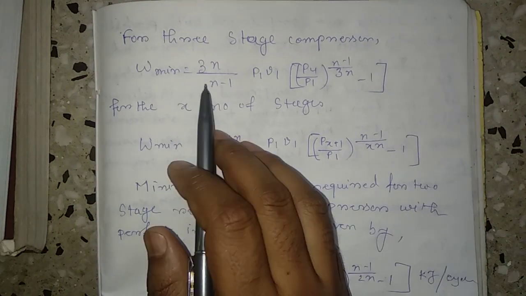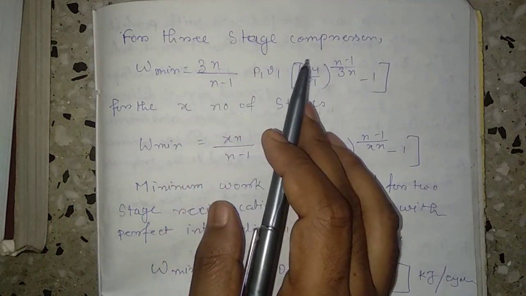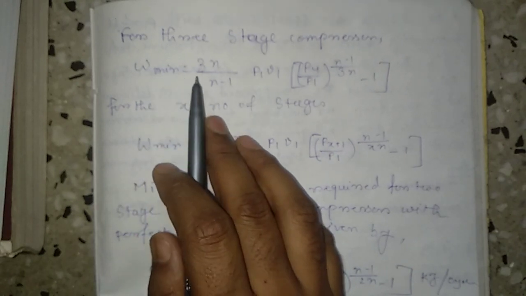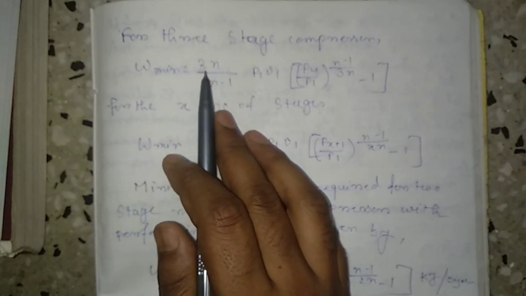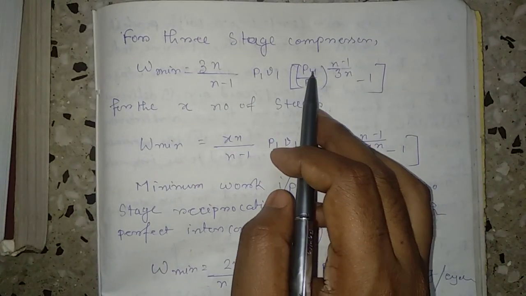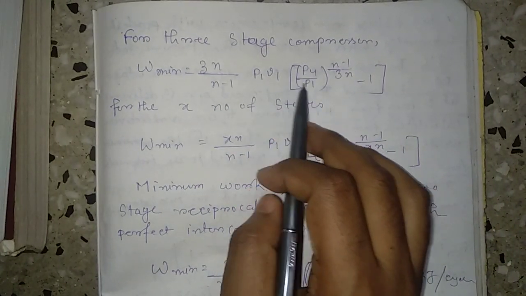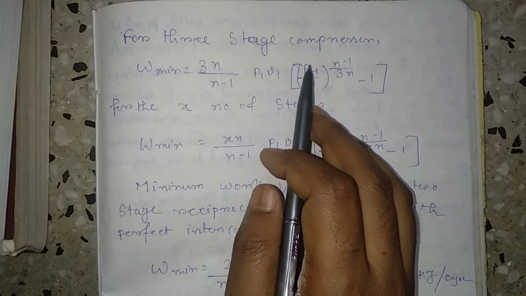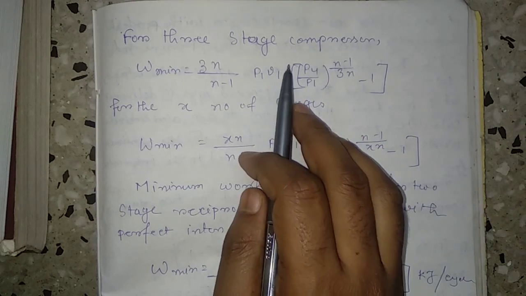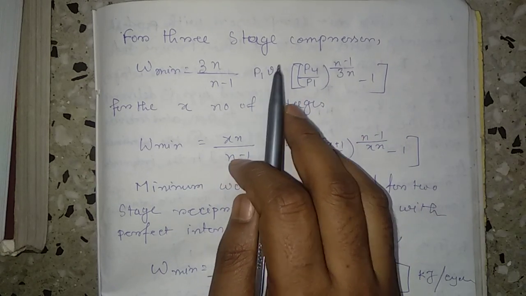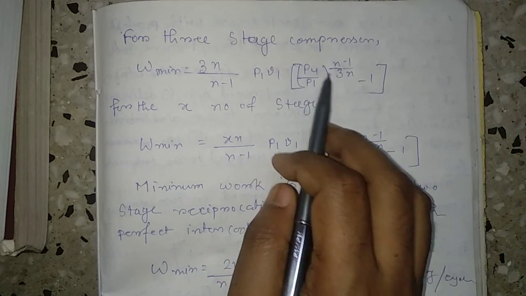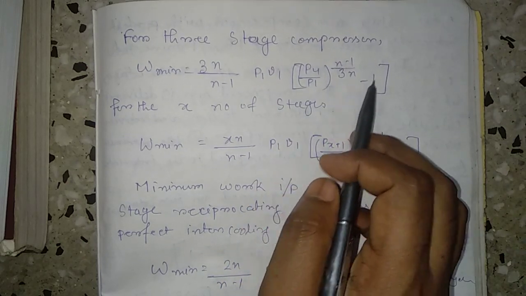This expression is for a 3-stage compressor: 3n divided by n minus 1 into P1 V1, where 3 is the number of stages of compression. For 3 stages the final pressure is P3 plus 1, that means P4, so (P4 by P1) to the power (n minus 1) by 3n, minus 1.